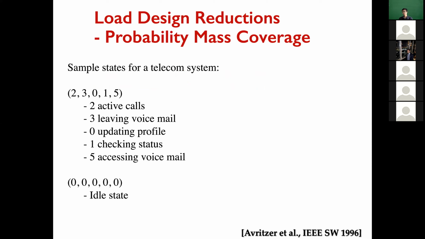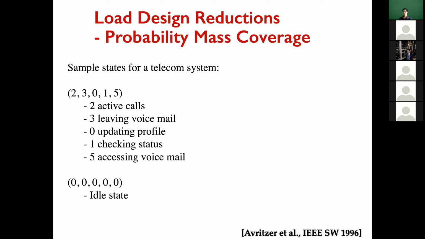Another way is to use probability to cover as many cases as possible, but running a smaller number of test cases. Let's look at an example. For a telecom system, there are different usage patterns.